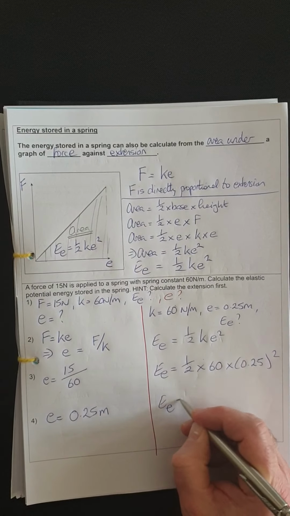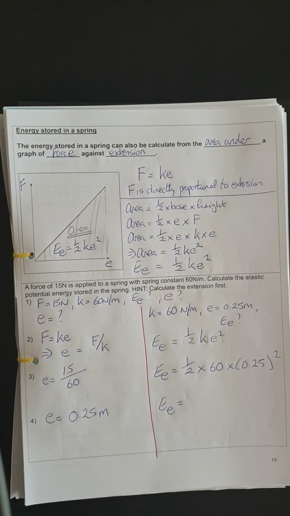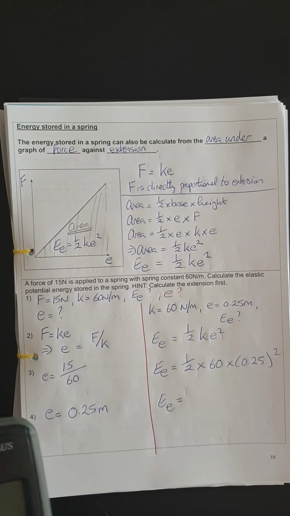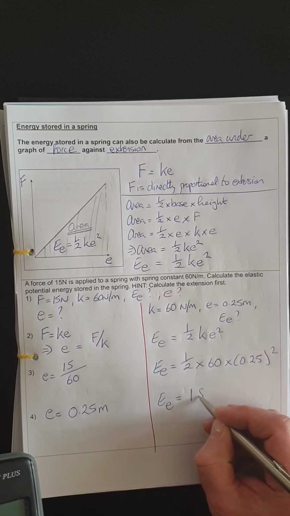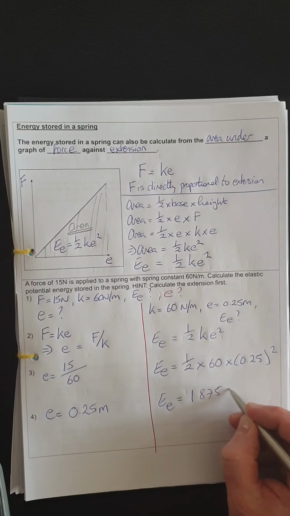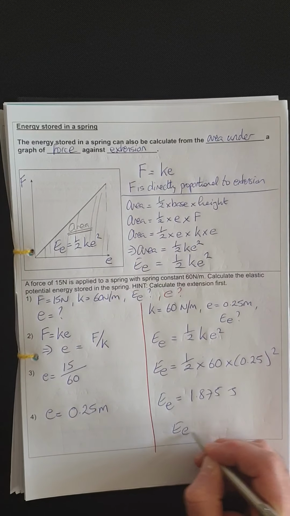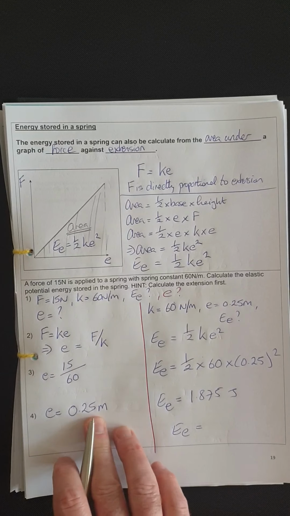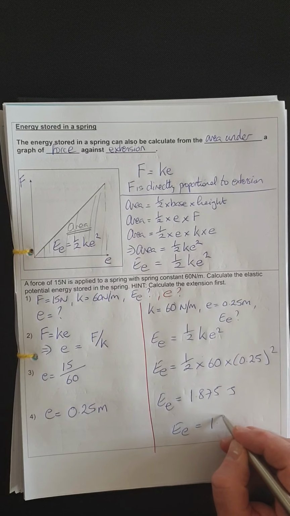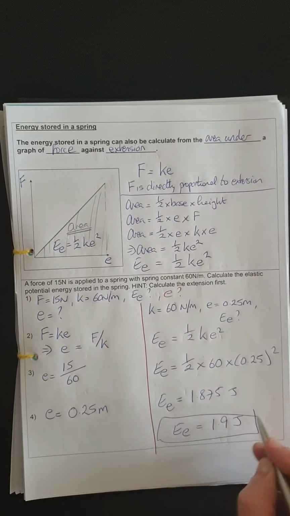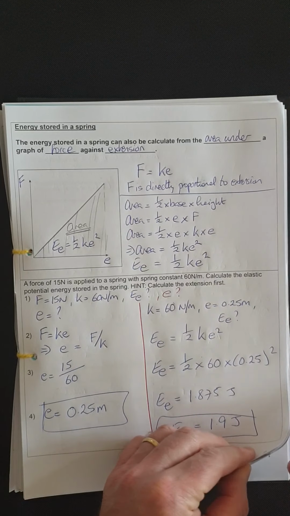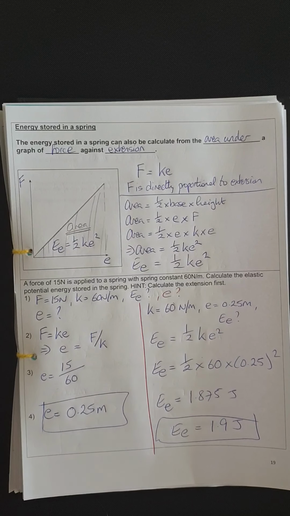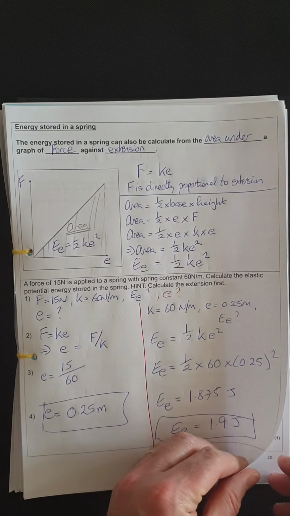Putting it into the calculator, 0.5 times 60 times, and remember, make sure you only square the 0.25. And that gives me an answer of 1.875 joules. But I'm going to write that to two significant figures as everything else has been, so 1.9 joules as my answer. And that's the end of the first part of topic 1, energy.